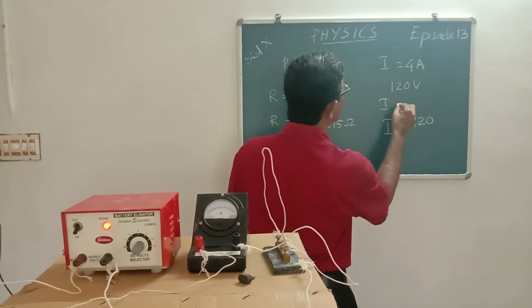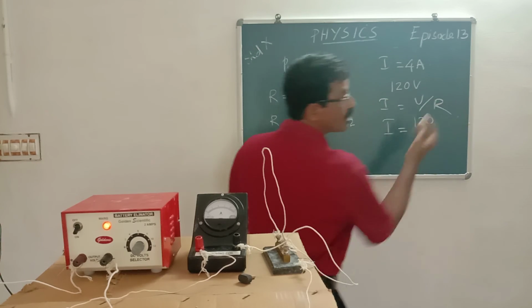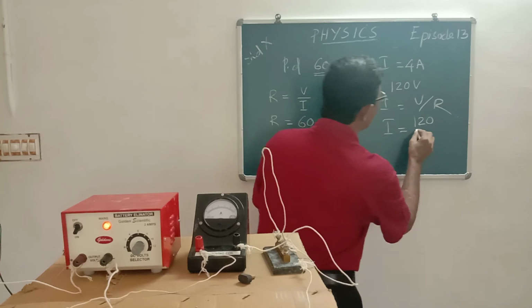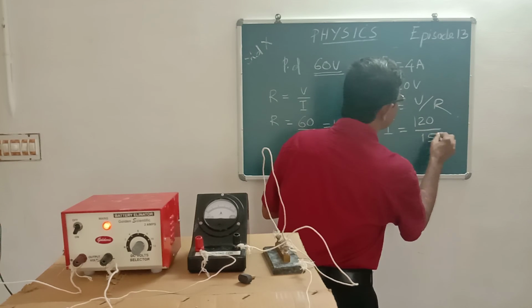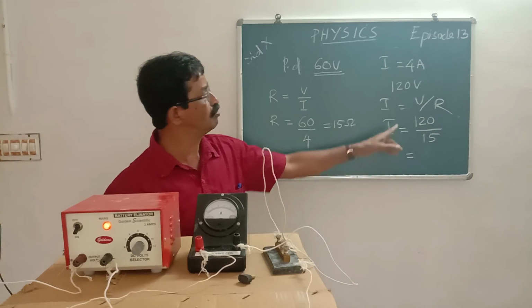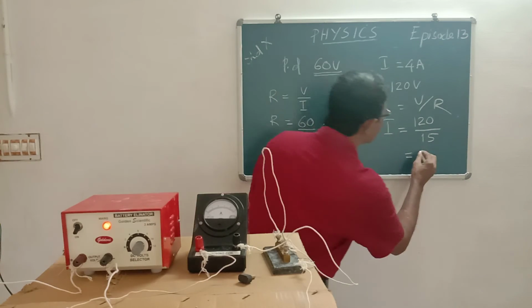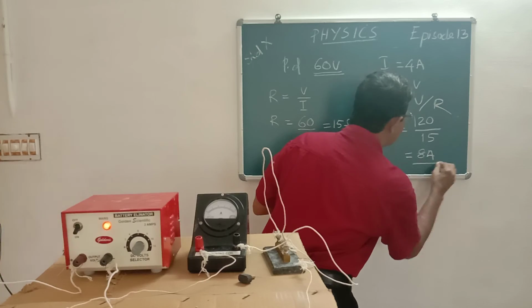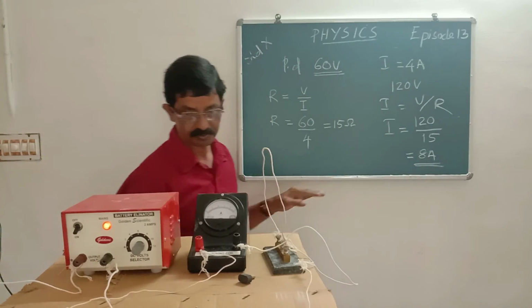So I is equal to 120 by 15. When we divide 120 by 15, it will be 8 ampere.